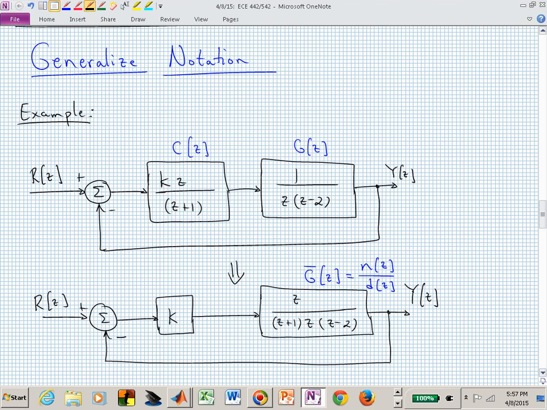Now, have I done anything illegal with that choice of pole and zero in my controller, capital C of Z? What have I actually done? I can simplify that capital G bar of Z, can't I?